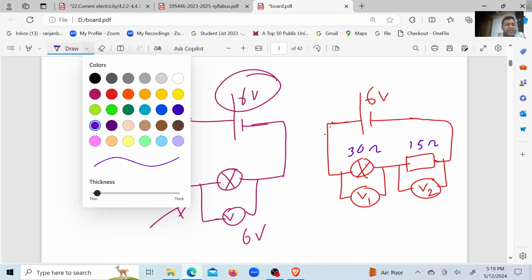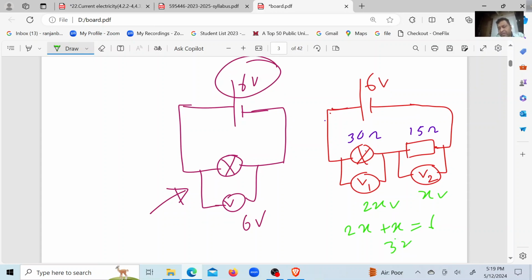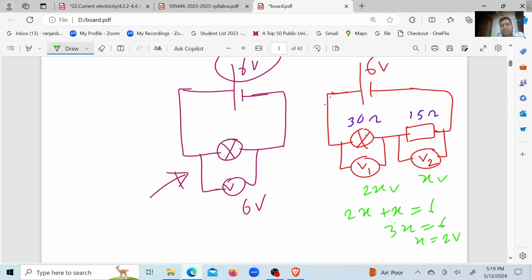That means if it is x volt, the other will be twice x volt. And again, x plus 2x must be 6. So x will be what? 2 volt. Clear? Okay. Or you can solve it in this way.